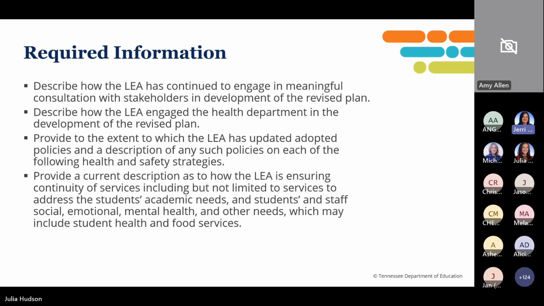You also need to provide a current description as to how you are ensuring a continuity of services, which include but are not limited to services to address students' academic needs, students' and staff's social, emotional, mental health, and other needs, and that may include student health and food services.